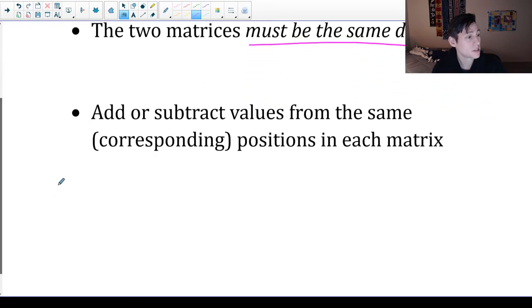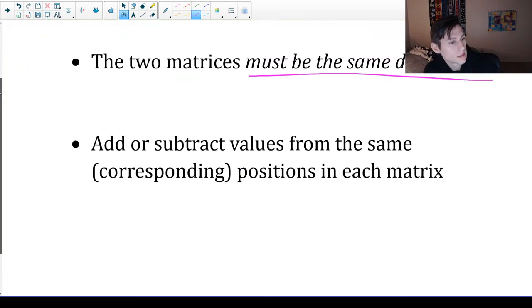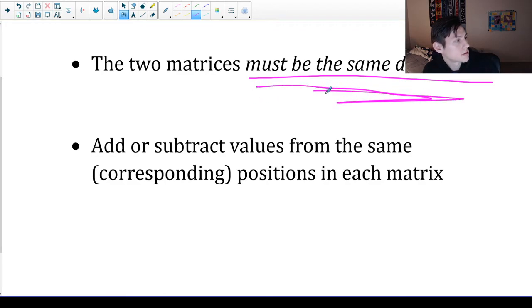So how do we actually do it? We just add or subtract values from the corresponding positions in each matrix. It's pretty intuitive. We match up the things that are in the same spot for each matrix and add or subtract those together. But again, really big emphasis: same dimensions.